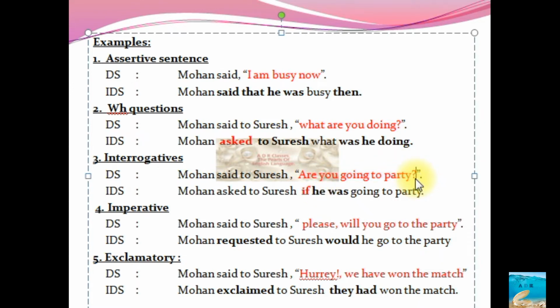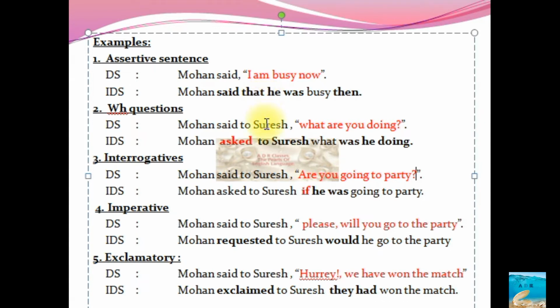So you need to understand this. Since this is an interrogative sentence, we are not supposed to use that. We are supposed to use if. If it is not at all an interrogative sentence, the word we use there is that. This is how we need to understand.